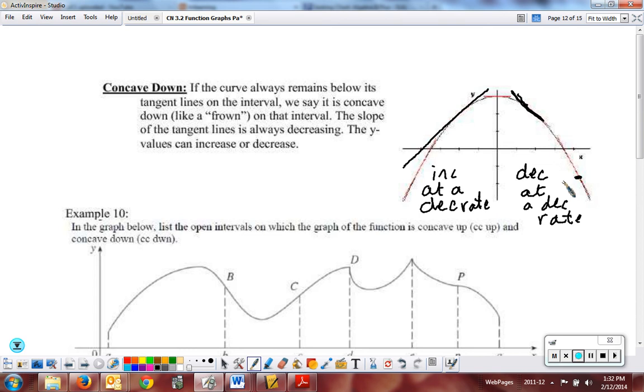It becomes more negative. Does that make sense? I'm getting steeper in the negative direction. Steeper in the negative direction means I'm getting, in magnitude, a bigger negative number, but a bigger negative number is actually decreasing. Negative 100 is smaller than negative 10. Everybody agree with that statement? Okay, hopefully. That's why I'm decreasing at a decreasing rate. The function curves below its tangent line. Okay, concave down.